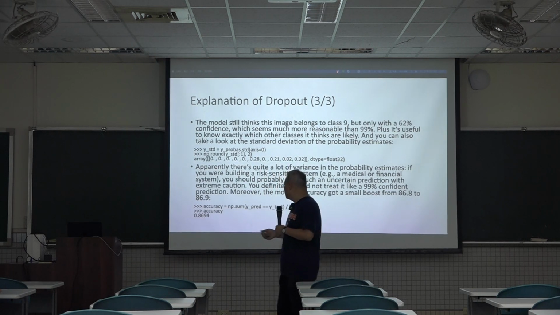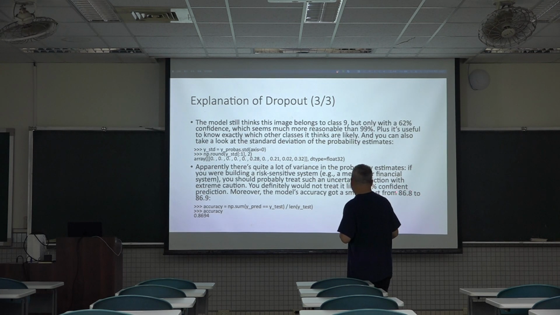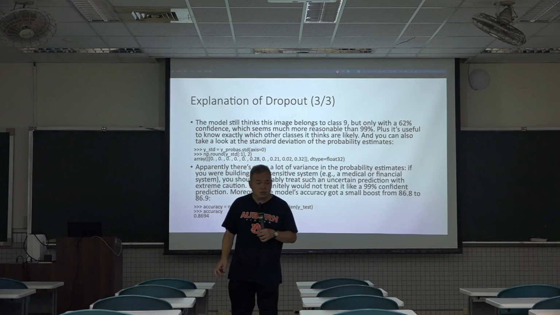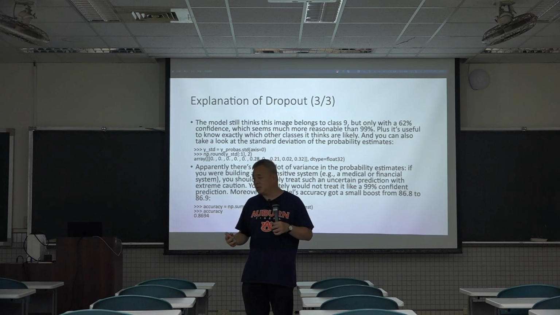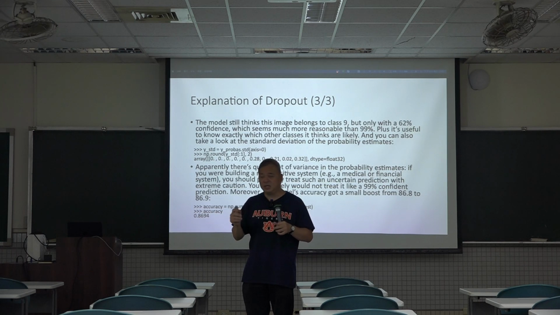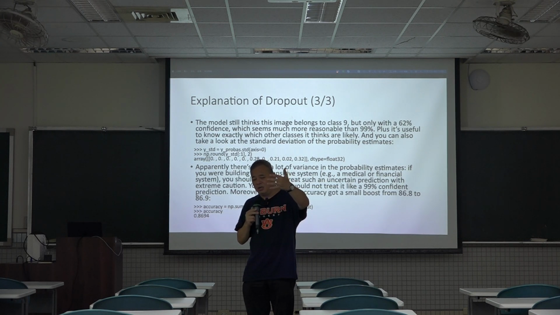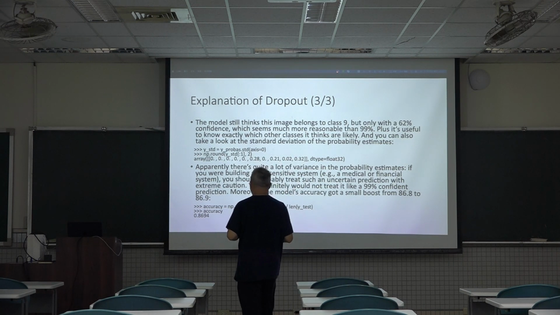It is slightly improved, because the original accuracy is 86.8%. We are not training the model, we are just using it to do inference many times with the dropout turned on. We are able to estimate uncertainty and also improve the accuracy of the model. So this is a very interesting approach.